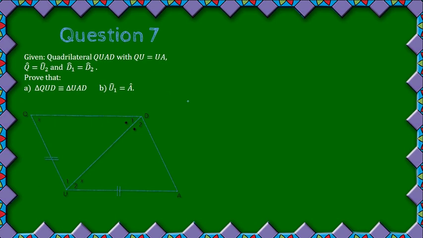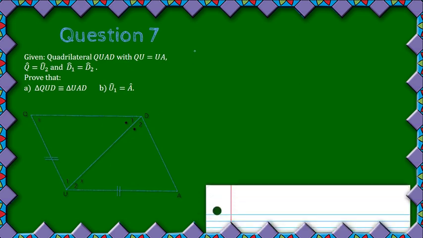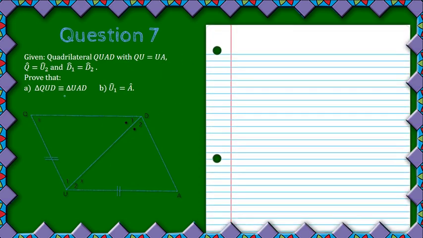Then for question 7, given the quadrilateral QUAD with QU equal to UA, as it's indicated over here, angle Q is equal to U2, which is X, and then angle D1 is equal to angle D2. Alright, so in this case, we need to show that QUD is congruent to triangle UAD.